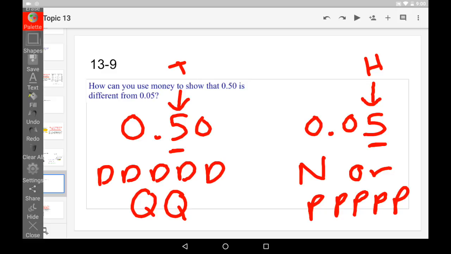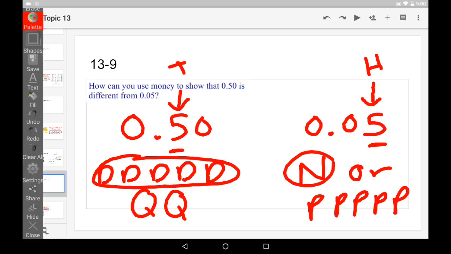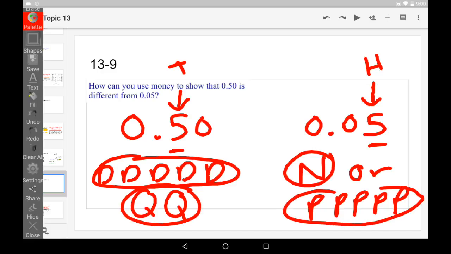So we can show that 50 cents is different from 5 cents because I'm using different coins and it's a larger amount. 5 dimes is more than 1 nickel, and it's also more than 5 pennies. Same thing where these 2 quarters are a lot more than 1 nickel or 5 pennies. So that's how we could use money to show the difference in these place values.